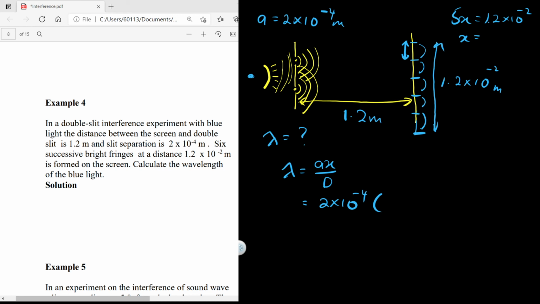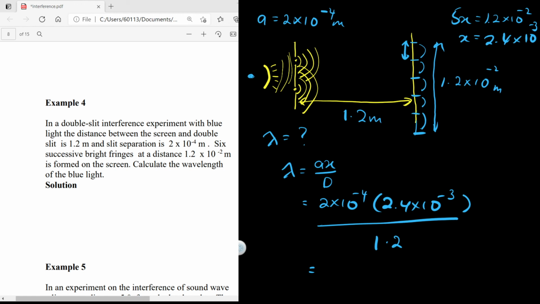What I get here is 2.4 times 10 to the power of minus 3. Then divide by D, where D is given here as 1.2. You can calculate using your calculator: times 2 times 10 to the power of minus 4, and then divide by 1.2.